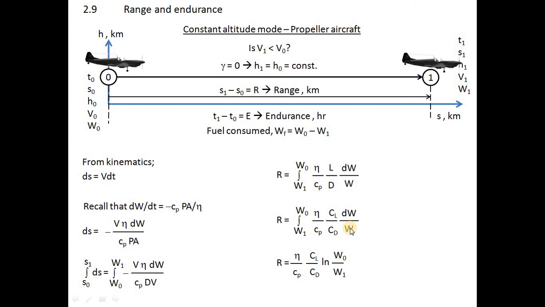So for a propeller aircraft to fly at maximum range, you must fly at maximum lift to drag ratio, and the rest is about the propulsion system.